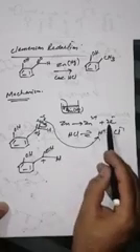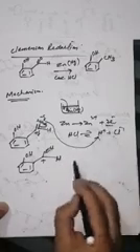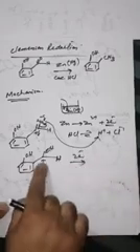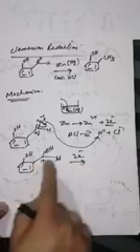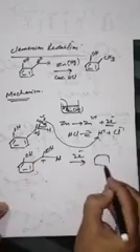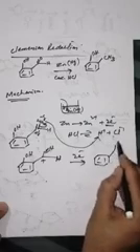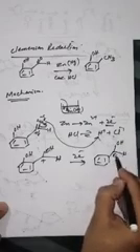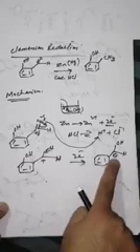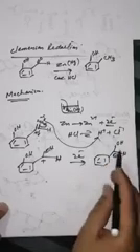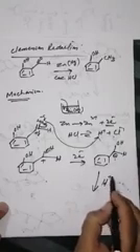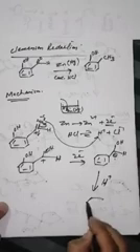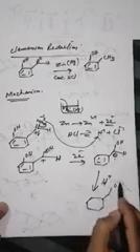What will happen next? When two electrons are added at this carbocation, it changes into a carbanion. Now this carbon abstracts the hydrogen from the system and it will change into this.